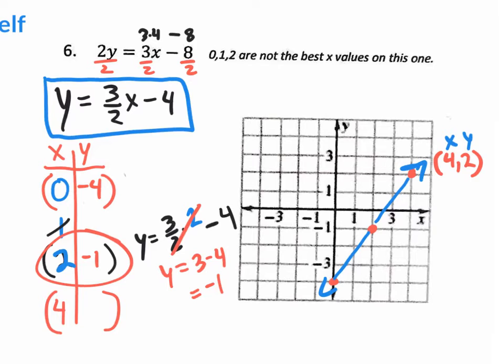That would be 4. And that would be a true statement. 4 equals 12 take away 8. 12 take away 8 is 4. So 4 really does equal 4. It's a true statement. That does work. Any point on this line will be an answer to that original equation. After all, the reason why we graph is to represent the infinite amount of answers that exist to an equation.